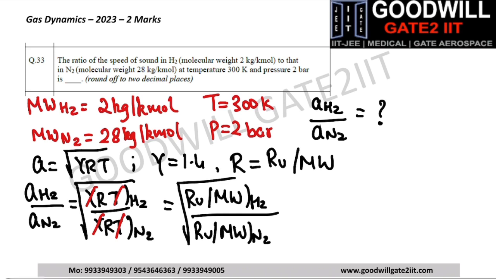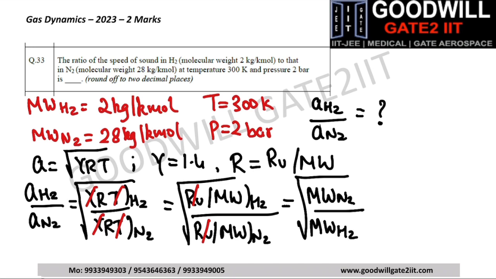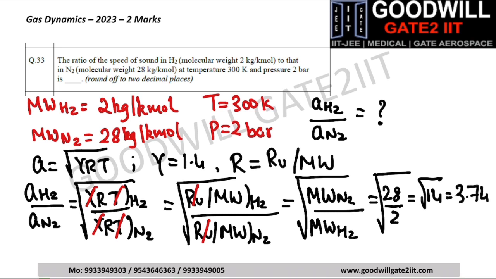Again, here we can cancel out the universal gas constant. So finally this just becomes a ratio of the molecular weights, molecular weight of nitrogen by molecular weight of hydrogen. If we substitute the values that have been given to us, this will be 28 by 2, which is nothing but under root 14, which would be equal to 3.74. So 3.74 would be the answer for this question.